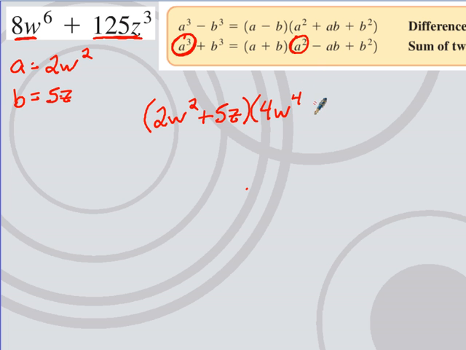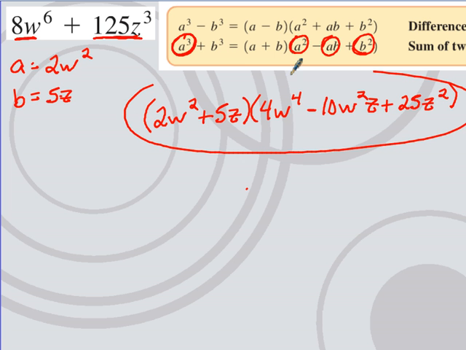And then minus a times b would be 10 w squared z. And then we got a squared b. Anna Marie, square b for me. 5z to the 2nd power is good. And that's as far as you can go.